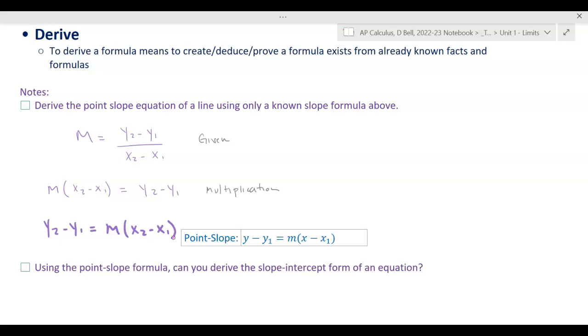So I'm going to eliminate the y2's and just leave the y1 and x1. So we use the point slope formula often. It's the most commonly used formula when we're trying to write an equation of a line. M is the slope, x1 comma y1 is the point.